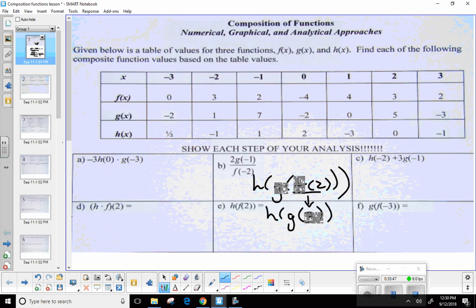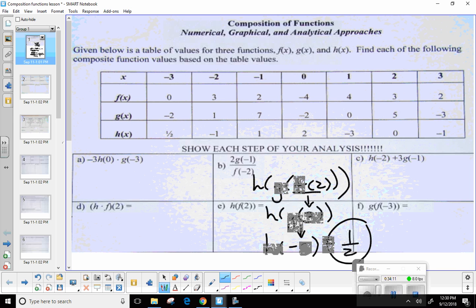So now the next function is G at 3, which I come all the way down here. What is that? -3. So once again, I'm going to replace that with the answer I have, and I'm going to plug it directly into the final function. So now H of -3, that is 1/2. Angel's absolutely right.